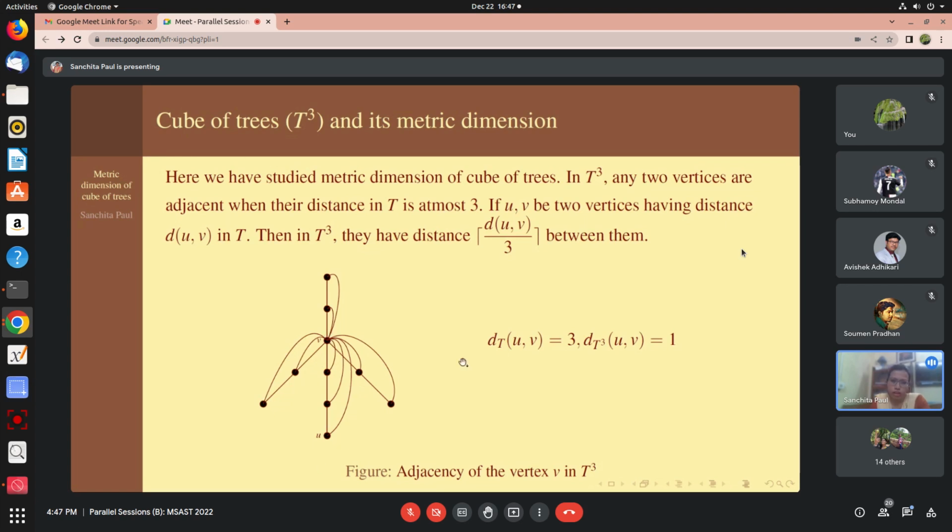You can see that U is at distance 3 from V. But if you consider its distance in T cube, it will become 3 by 3, that is 1. If it is at distance 2, then the ceiling of 2 by 3 will also give you 1. Here is how the computation goes.